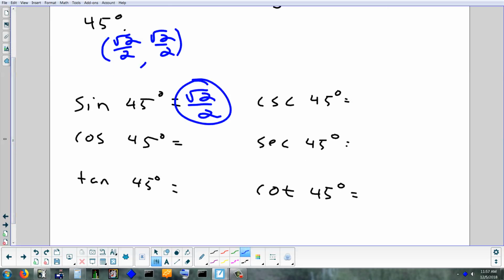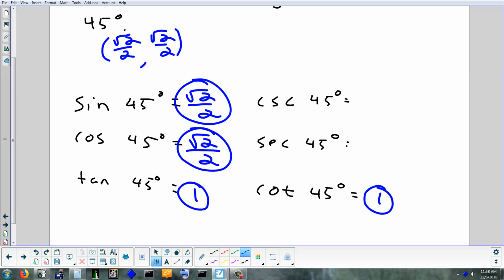It's the x, which is the same thing. Now, because the y and the x are the same, that makes the tangent easy to find because you're supposed to divide them. Well, if you divide two things that are the same, what do you get? 1. And while we're at it, let's do the cotangent because that's an easy one to do. If you flip 1, what do you get? 1.